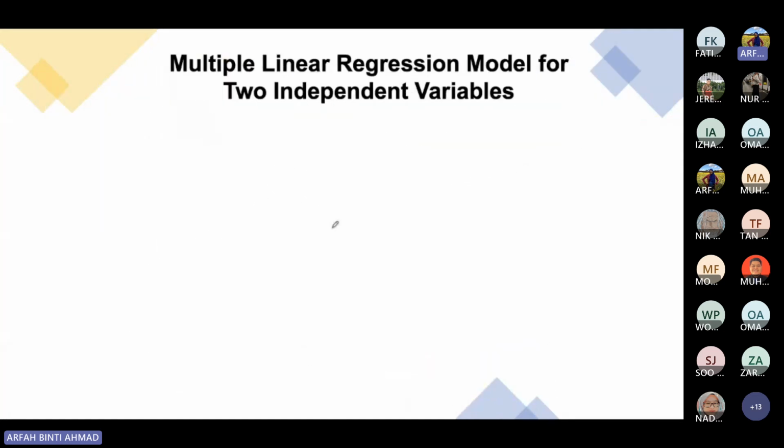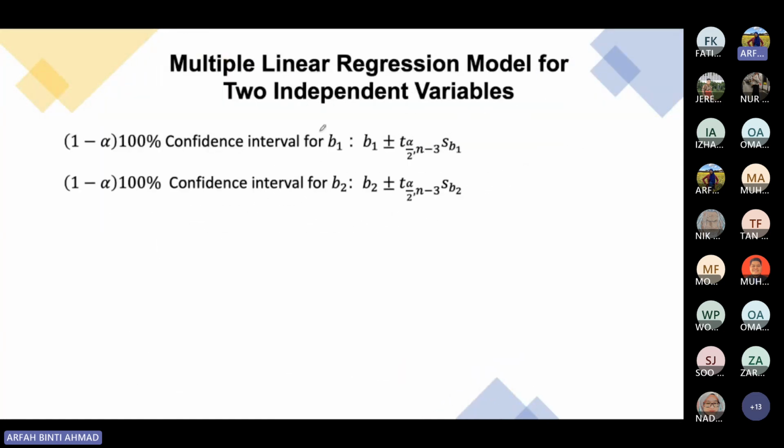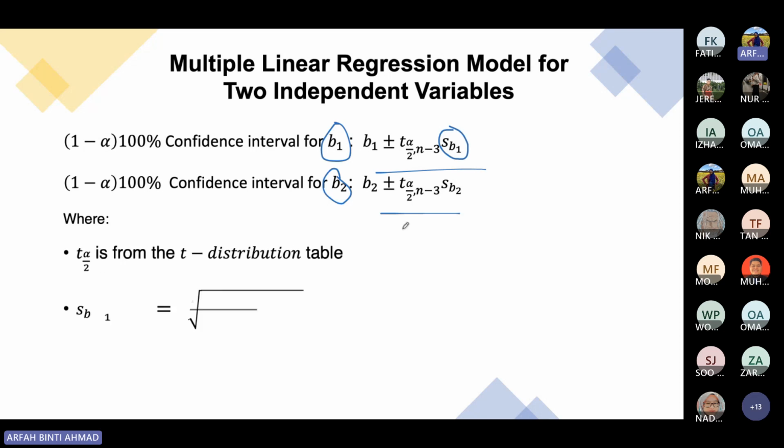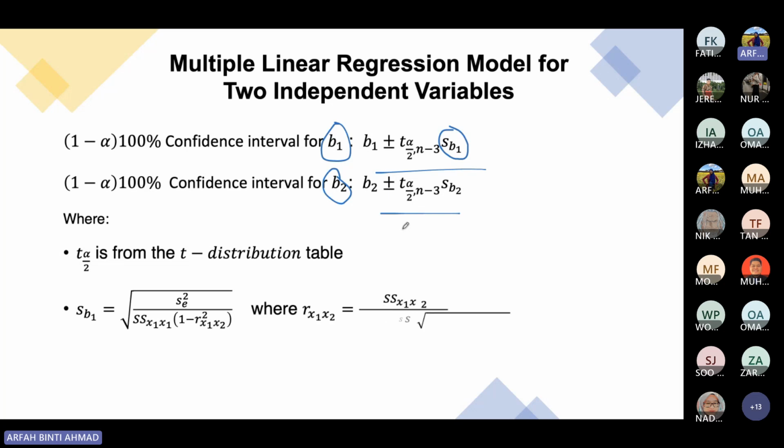Let's say, for example, we want to find the confidence interval for each variable, B1 and also B2. So it will be based on this formula. By using the T distribution table, the interval for B1 will be B1 plus minus T alpha over 2, n minus 3, SB1. So SB1 over here is the standard error for B1, and T alpha over 2 is from the T distribution table.